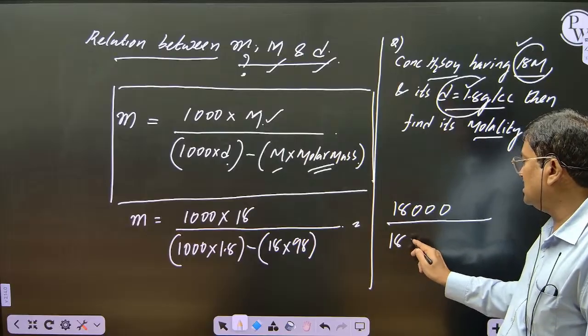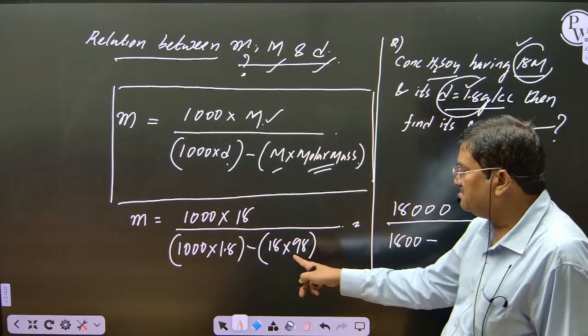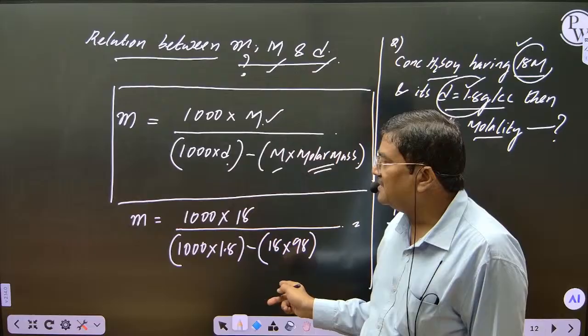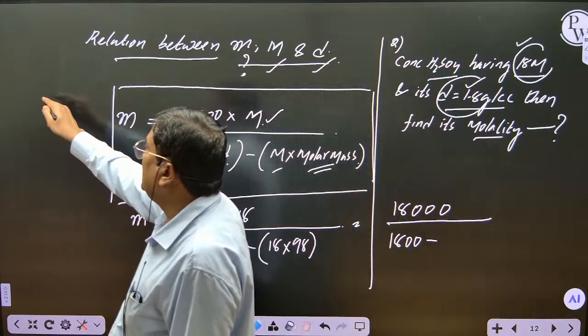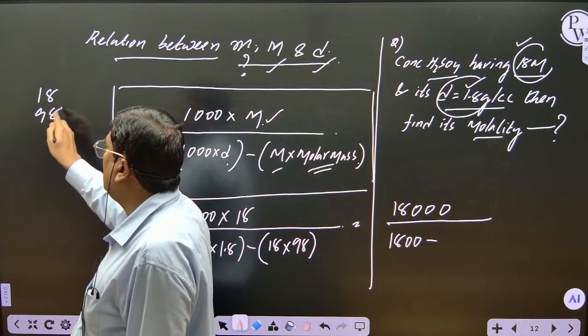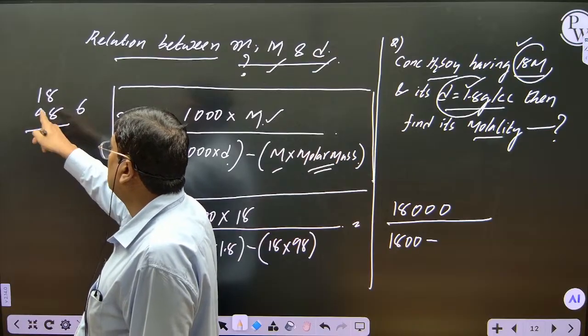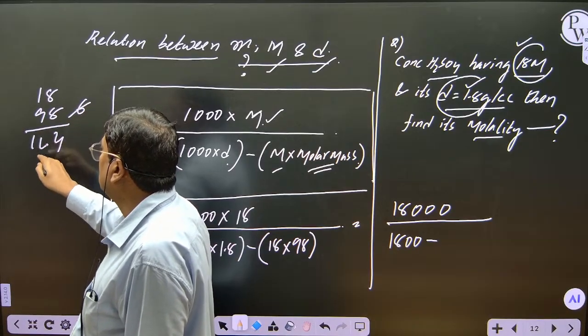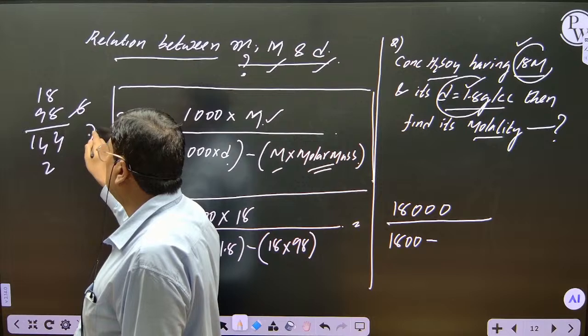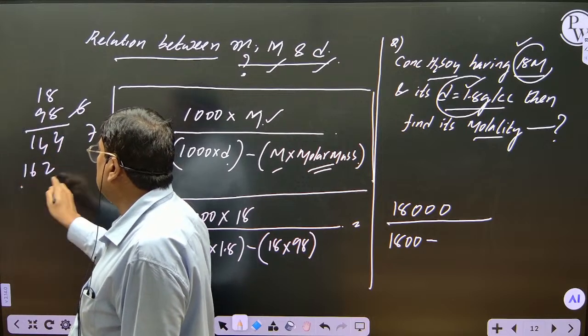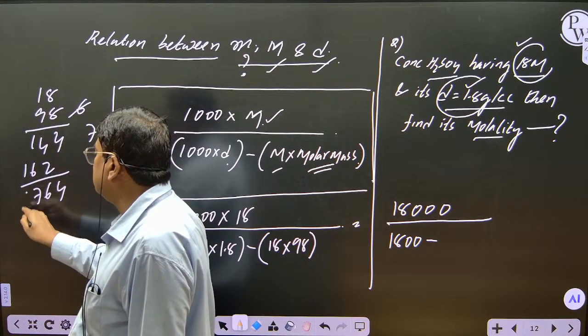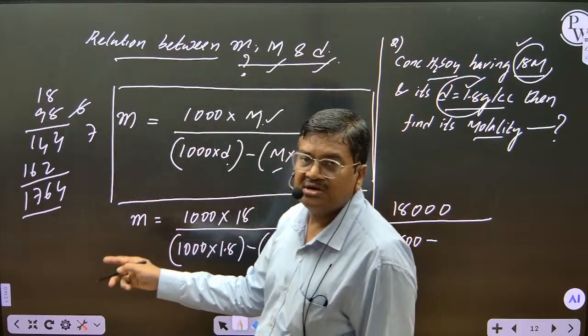Multiply 18 with 98 in the rough work. 8 eights are 64, 8 plus 6 is 14, 72, 9 1s are 16. Is it coming 1764? Check on your side.